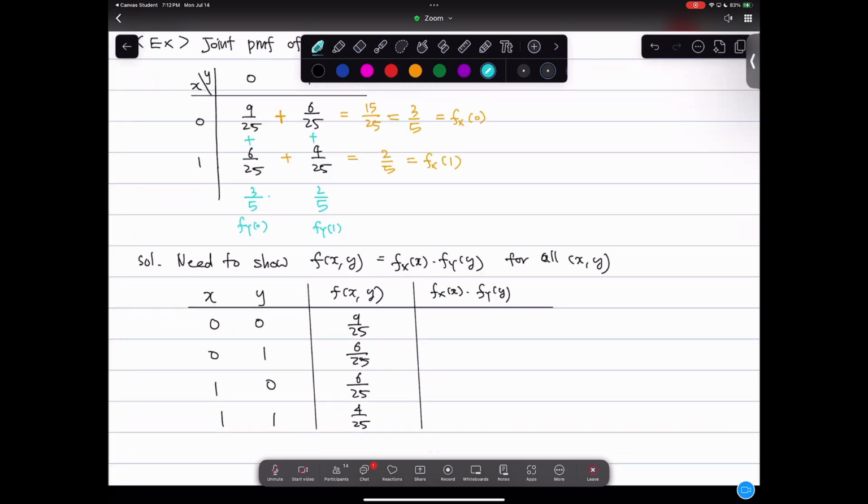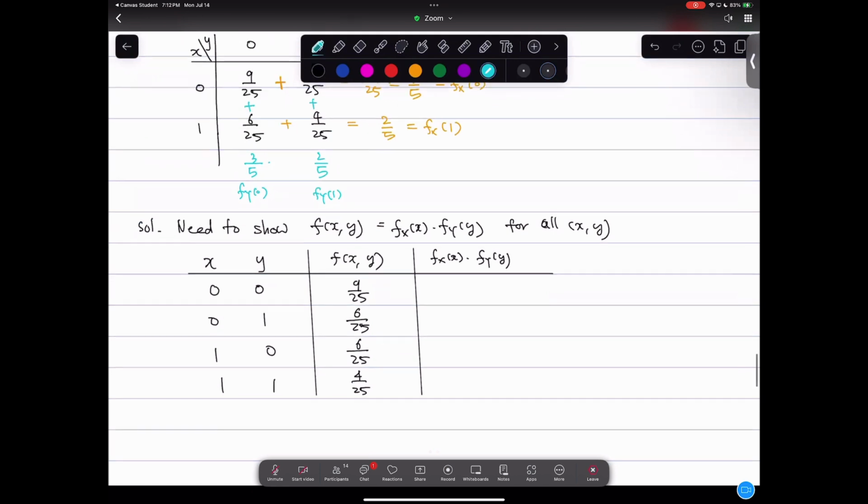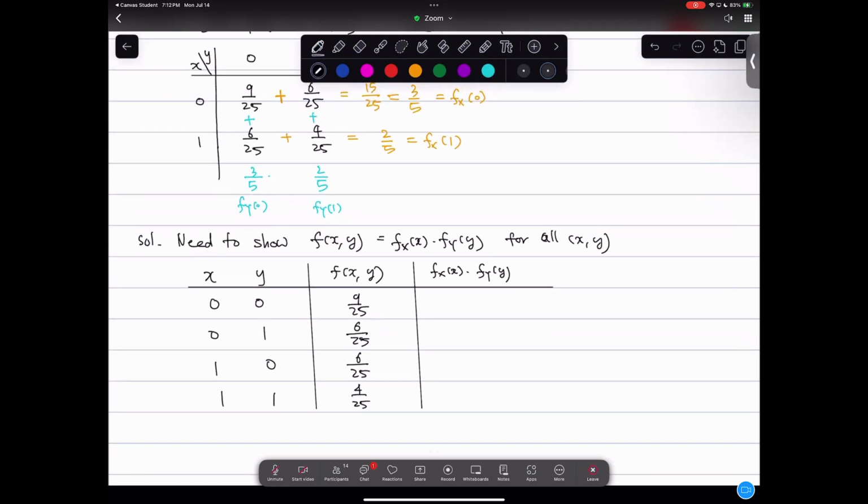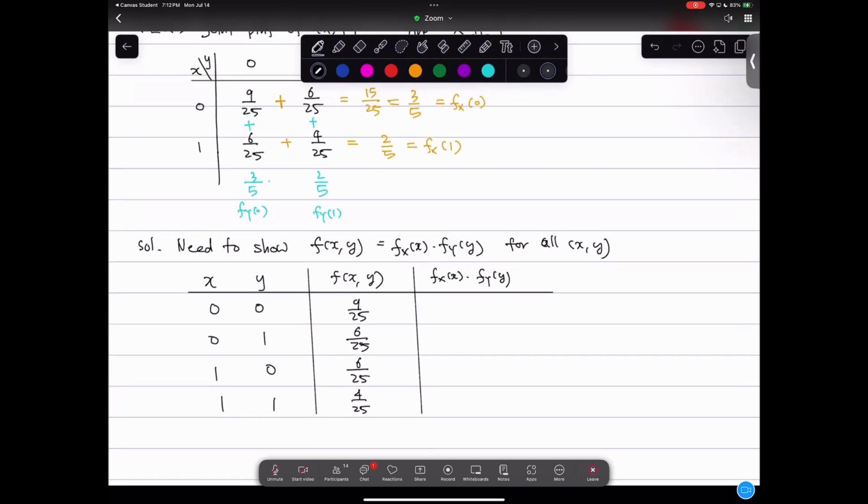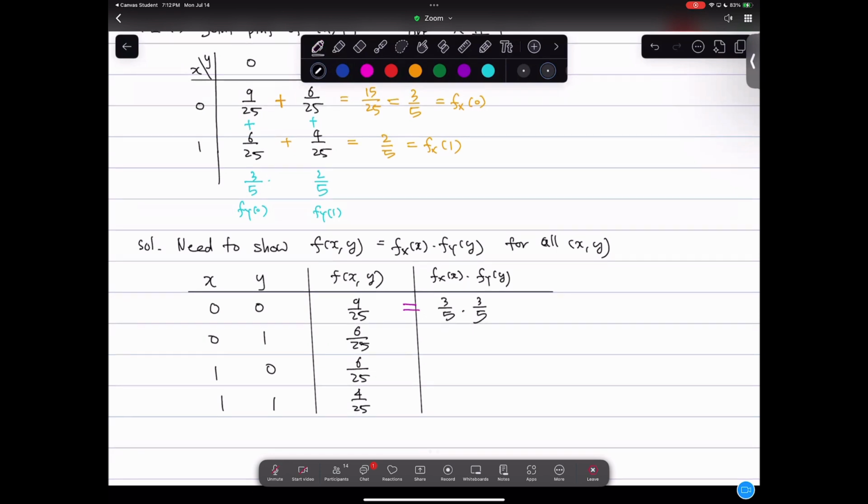So I have to go check f of 0, 0: f of x of 0 and f of y of 0, so 3/5 and 3/5. Are they equal? Yes, they're equal to each other. And I have to check every single pair. So 0, 1: x of 0 is 3/5 and y of 1 is 2/5, which is exactly the same as the joint.